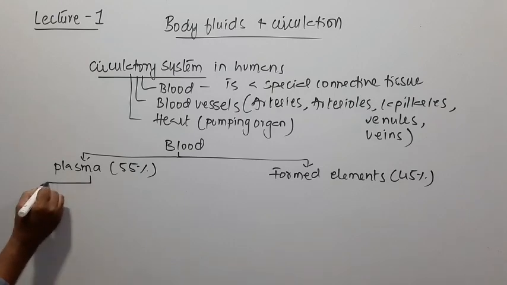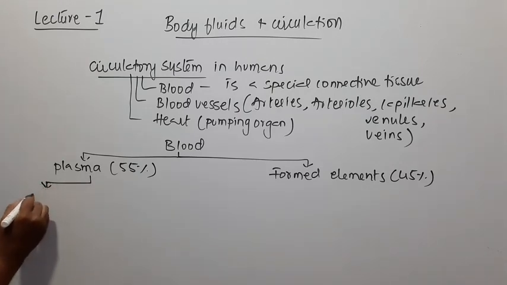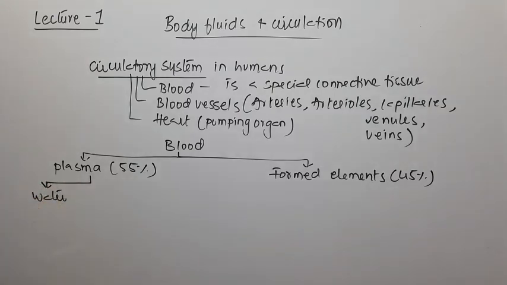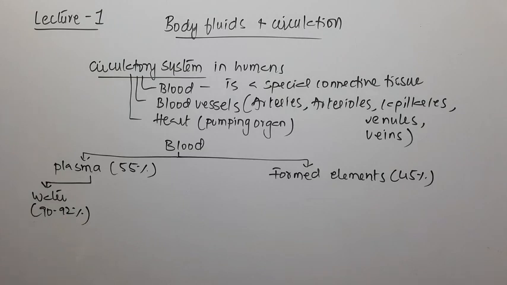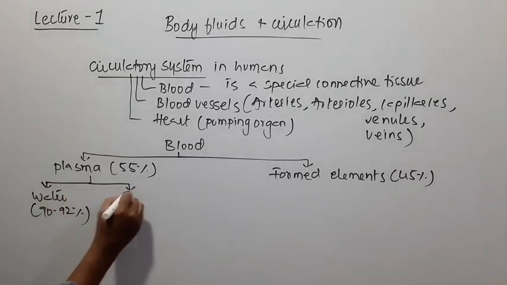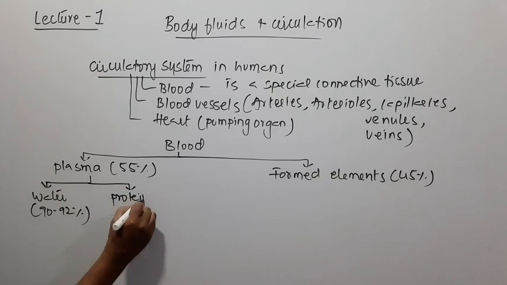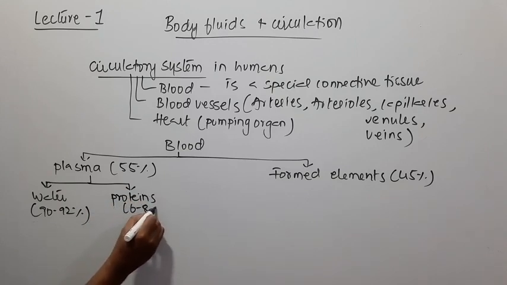And coming to the plasma, it is mainly composed of water. The water will constitute around 90 to 92%, right? And then it also has proteins that constitute around 6 to 8%.